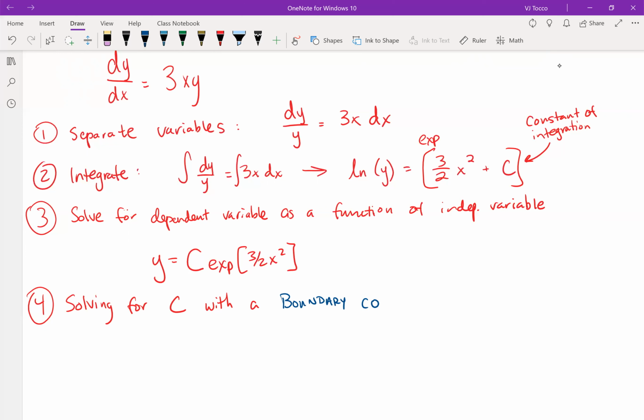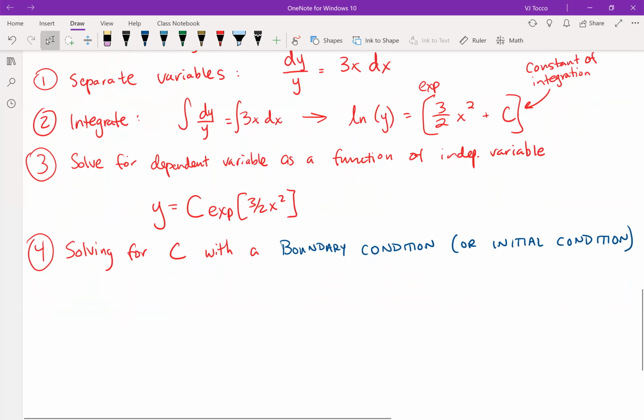A boundary condition, or an initial condition, which is a type of boundary condition, is a value of the dependent variable for some independent variable value. So for instance, if I knew that at x equal to 0, y was equal to 1, that is a boundary condition that I can use to solve for my constant of integration.